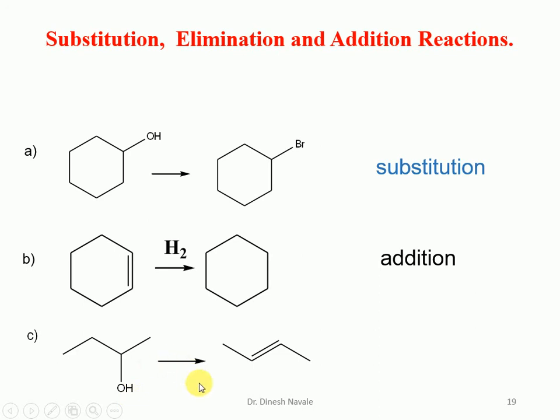There is the loss of the water molecule, and we will get the formation of the double bond. So that means it is an elimination of water molecule from the starting material, and a saturated molecule will be converted into the unsaturated molecule. So that's why this will be the elimination reaction.